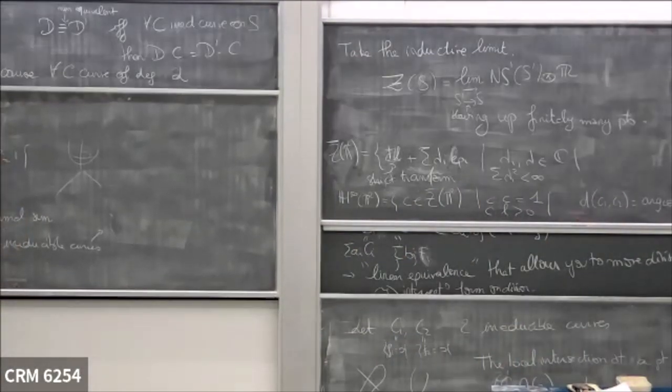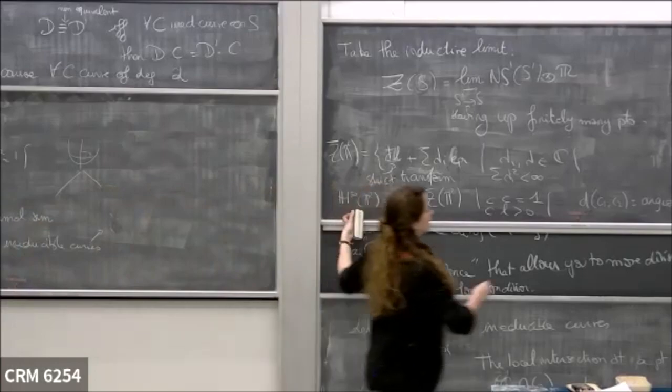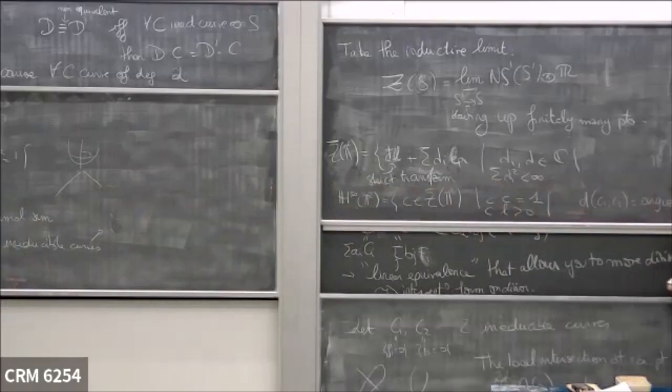Can you give examples of divisors that lie on this hyperbolic plane? So the original line lies in it. A base will be the line. Then you take a point that you have blown up, you have the class of the exceptional divisor, and this will give you all the things like this.